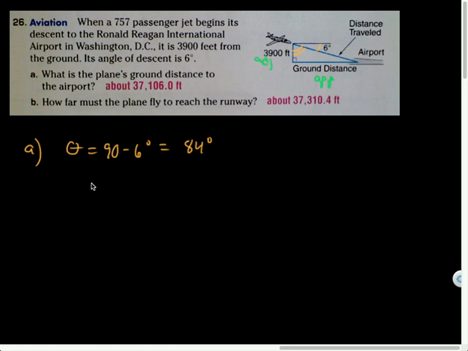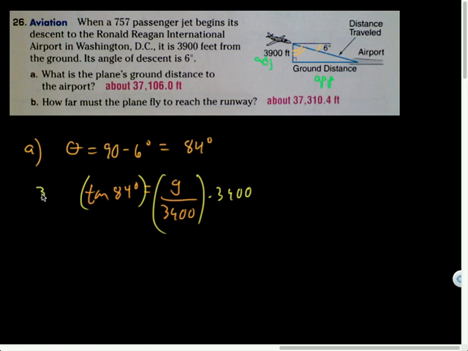So I would set this up as saying tan of the 84 degree angle is equal to the opposite, which is my unknown. I'll call that G for ground distance, over 3,900. This is the first problem we're solving by multiplying both sides by 3,900.